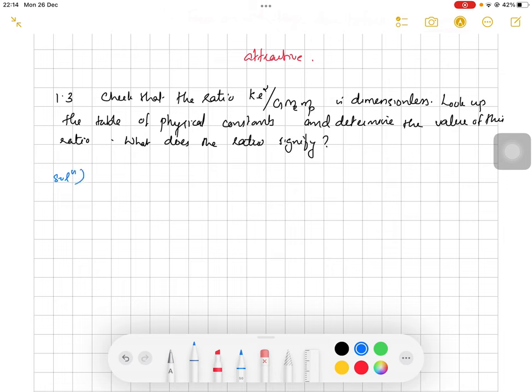Now write the term ke² by G me mp. In this expression, K is 1 by 4 pi epsilon 0.